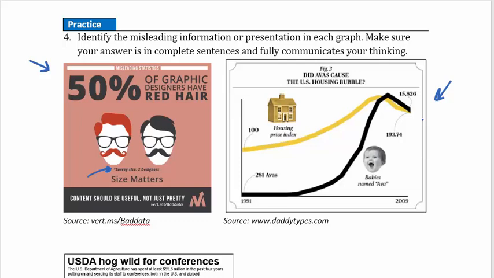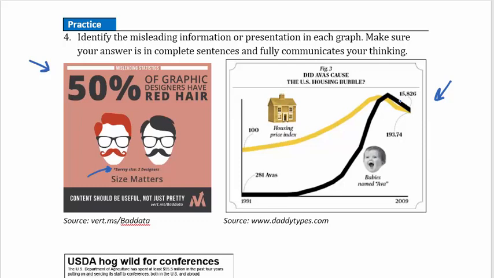Okay, well hopefully you came up with this idea. Maybe not with the technical terms I'm going to use here, but when 2 graphs move together, this one climbing up and then coming down, and this one doing the same thing, that's called correlation. These graphs have a strong correlation with each other. But just because things have a strong correlation does not necessarily mean that one causes the other.